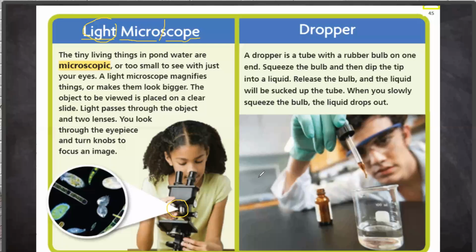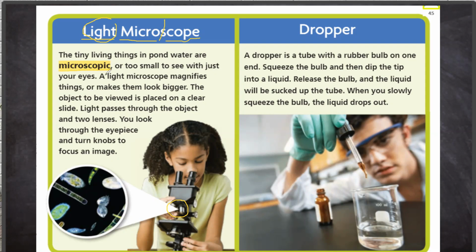Aman, can you read for me the light microscope quickly, my dear? Okay. Maria, can you read for me, please? The tiny living things in the pond water are microscopic. Microscopic or too small to see with your eyes.